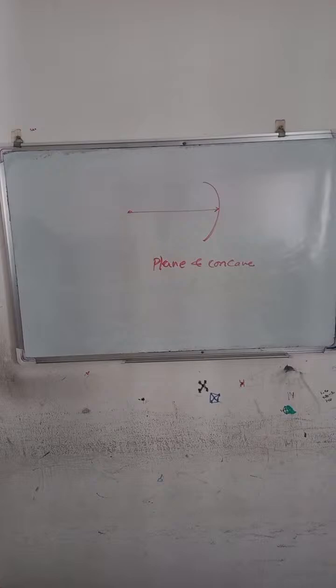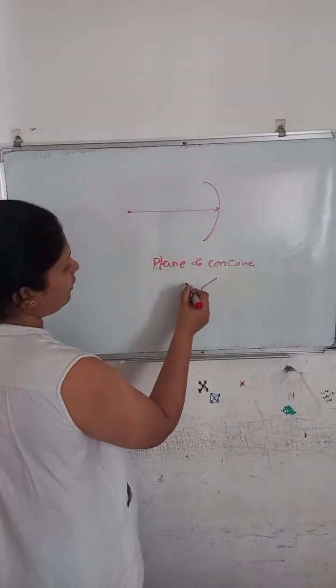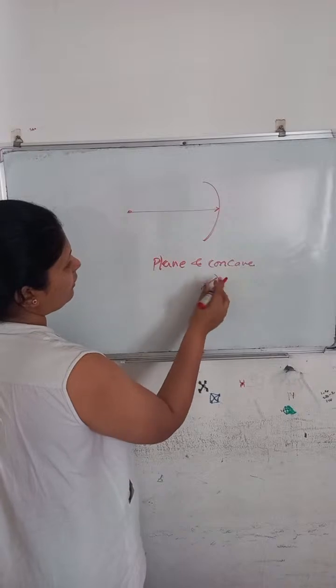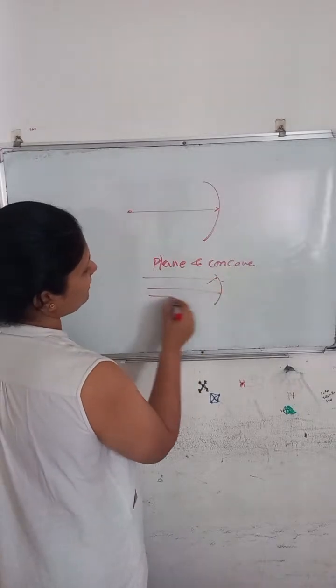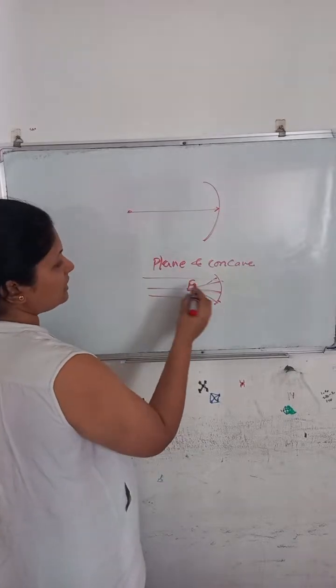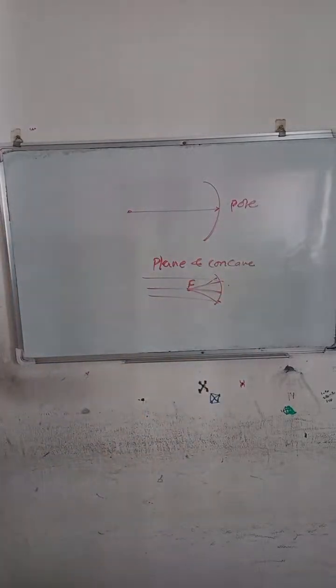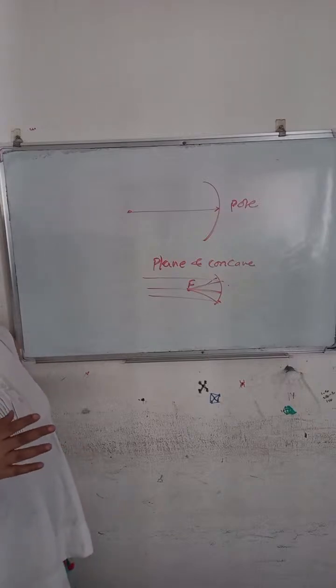And here they are asking the position. Then the position is nothing but at focus, because all the rays are gathered over here. The light rays are coming here and they are gathered at the focus. So the position is the focus. This kind of question sometimes they will ask, but it's very difficult, you know, they are asking the position and we are giving another explanation. That is wrong.